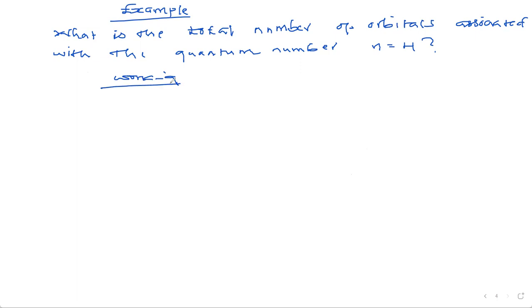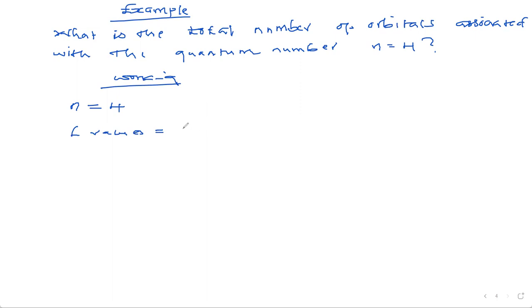So when n is equal to 4, the L values will be equal to what? 0 to n minus 1.